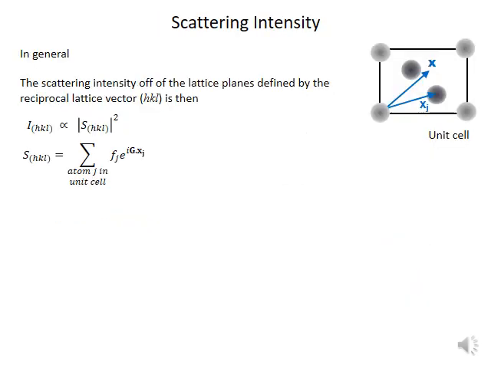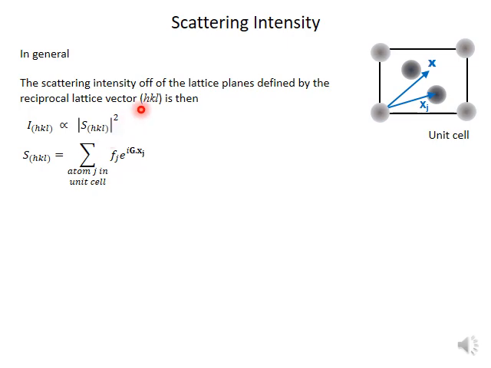So just to summarize what we did in the last few slides: the scattering intensity from a certain set of lattice planes, represented by a reciprocal lattice vector HKL, is proportional to the square modulus of the structure factor of that particular Miller index.